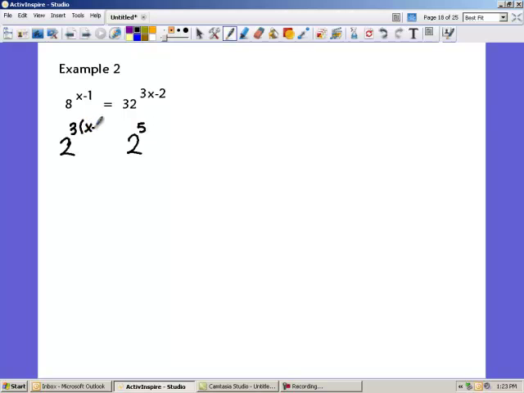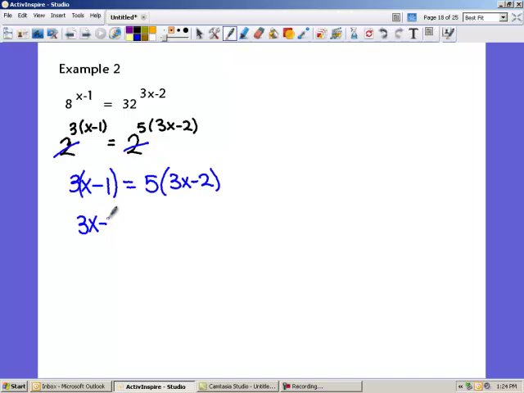We still have x minus 1 and 3x minus 2. So the only thing I did was transform this 8 and 32 to be the same base raised to an exponent that equaled it. Because they're the same, they cancel, and we're left with the exponent. Now we have to do distributive property for each one of these, and use basic algebra to solve it.